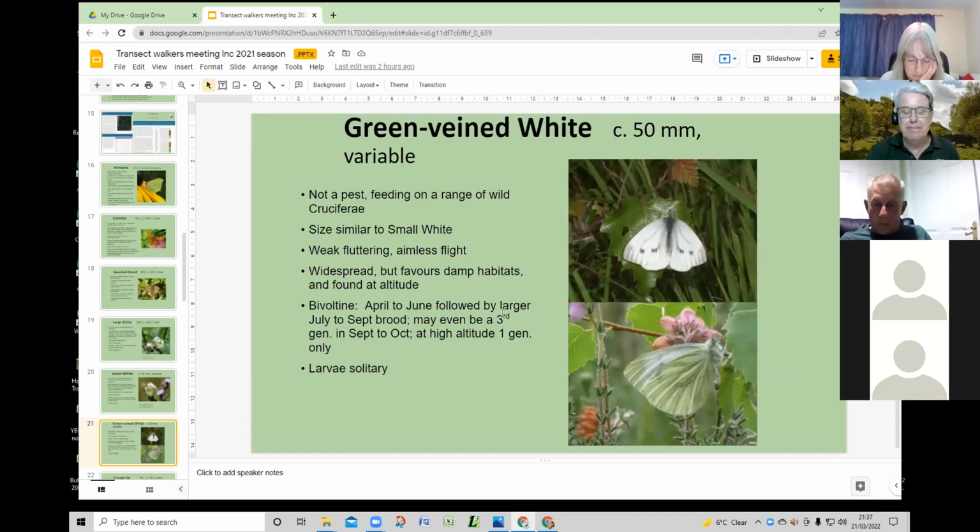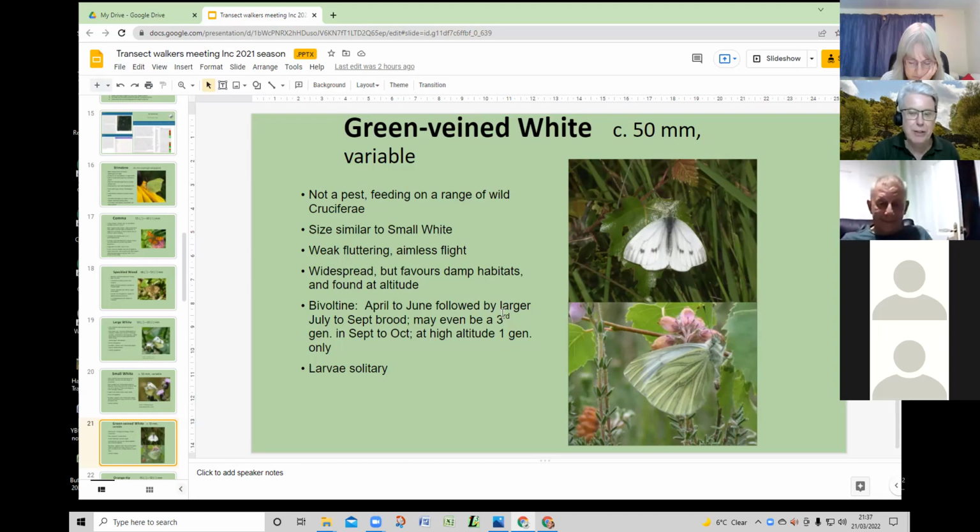Green-veined white. When it's flying, the first thing to say is habitat, the habitat in which it flies. You usually see it associated with damp areas, hedgerow bottoms, for example, where its food plant is largely hedge mustard.